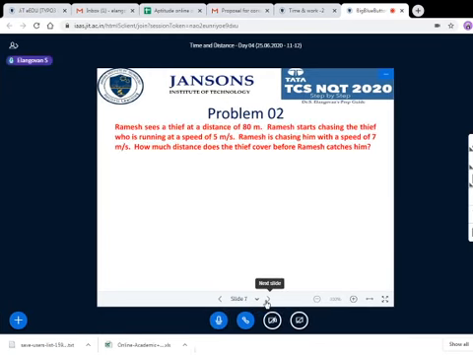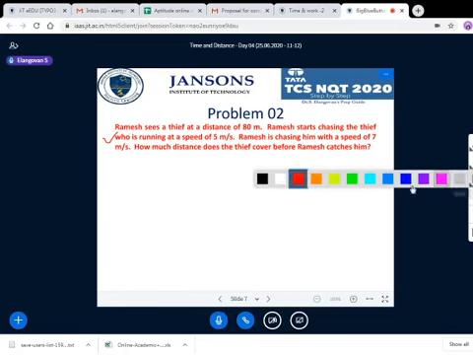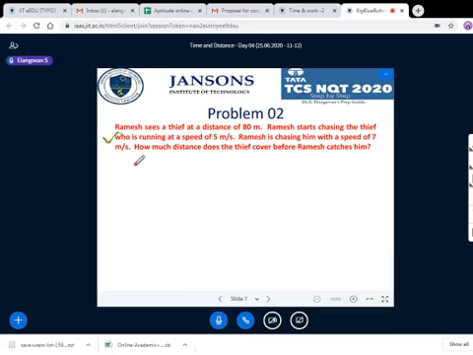The next one is the second problem. Ramesh sees a thief. This is a very famous question. I have seen a lot of questions like this in competitive exams. Ramesh sees a thief at a distance of 80 meters. Ramesh starts chasing the thief, who is running at a speed of 5 meters per second.